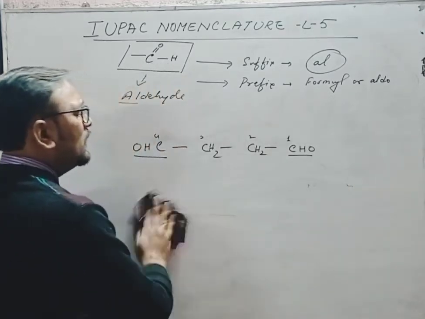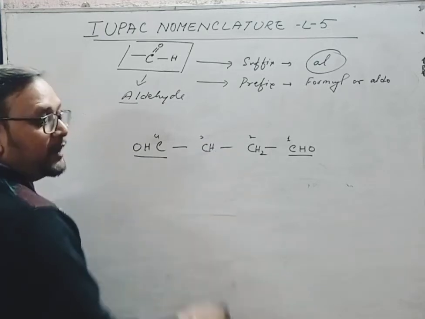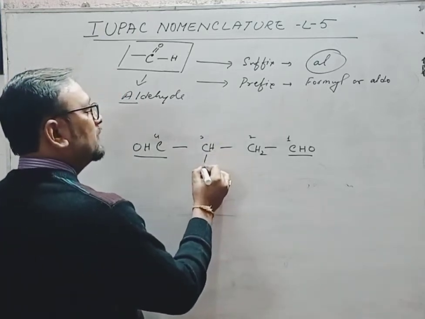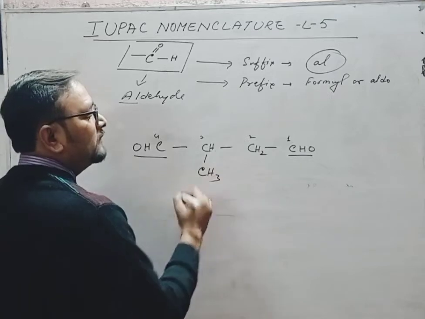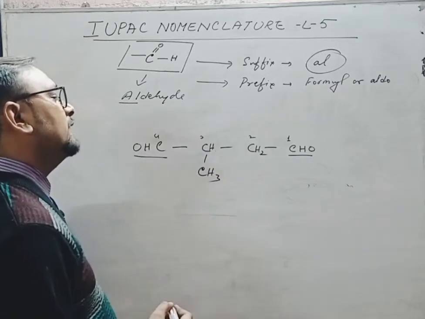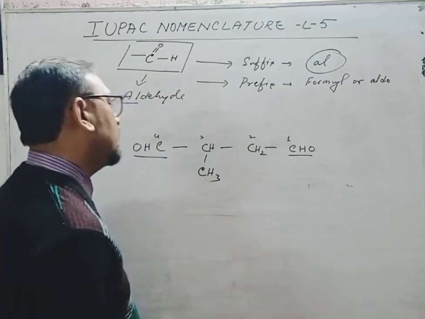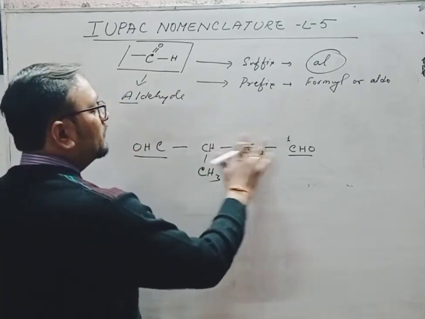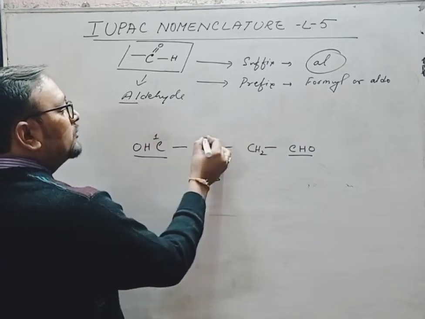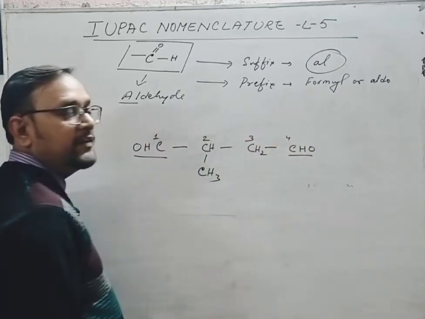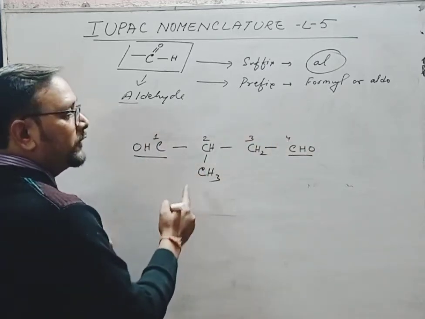Now what will happen if one more substituent is given here, suppose a methyl group is given over here? Then what shall you do? Obviously then we will follow the minimum summation rule. So in that case I have to change my direction of numbering: 1, 2, 3, 4. Why will I change? Because I have to add the locants.